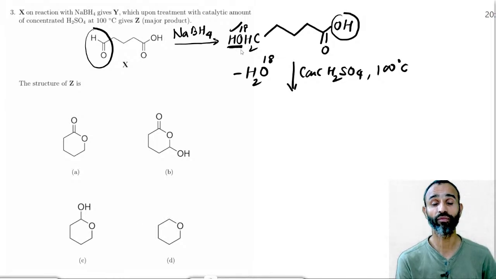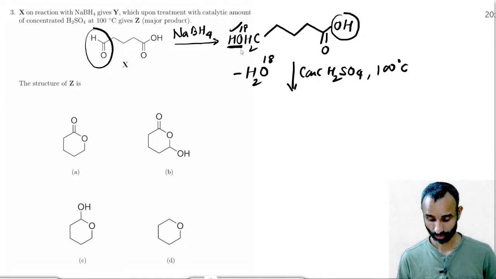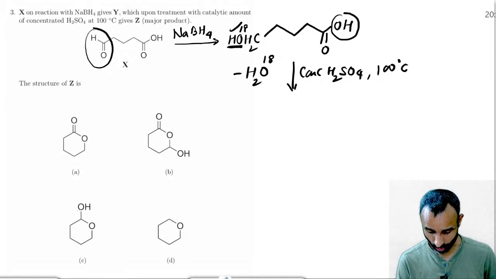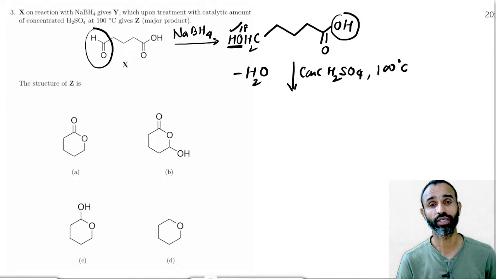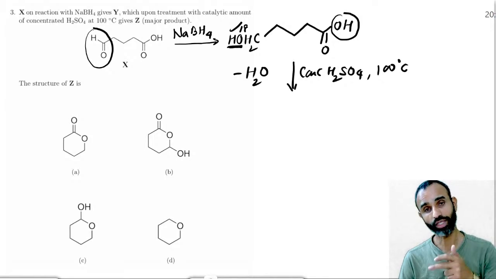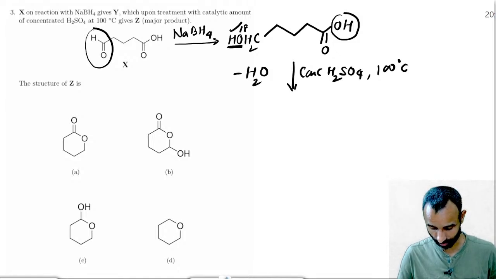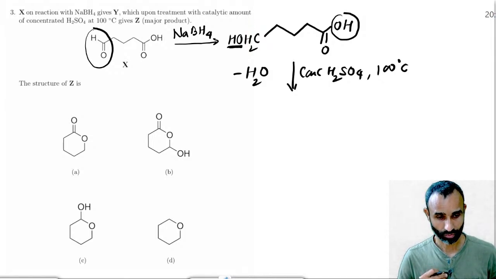Keep in mind, whenever esterification takes place, H is coming from the alcohol and OH is coming from the acid. Do you know why?